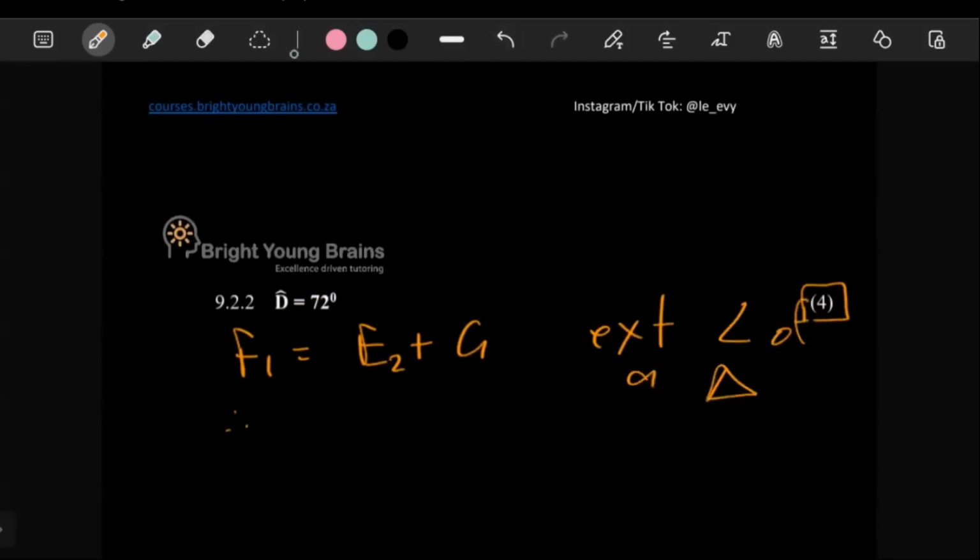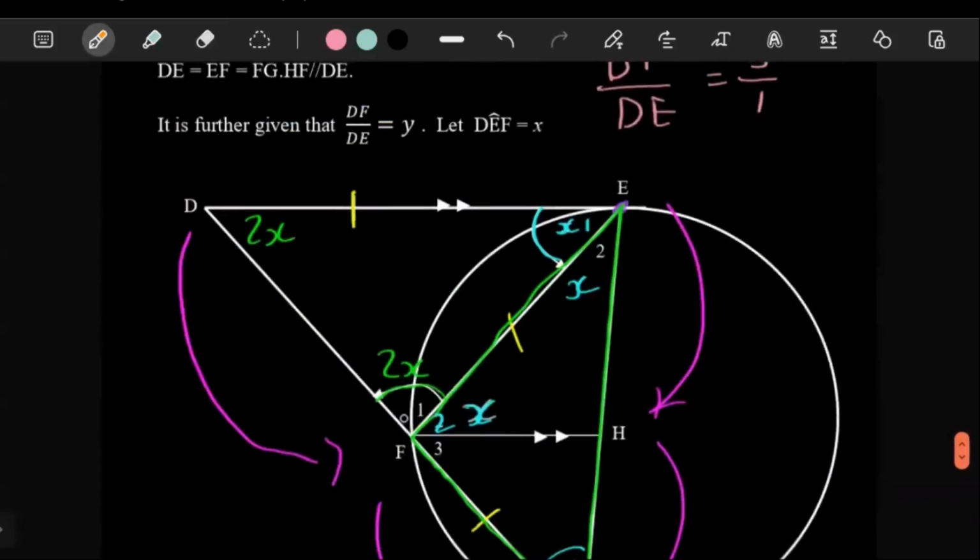So with this exterior angle of this triangle, we need to keep in mind the following. E2 plus G. What do we get there? F1 equal to E2 is X. This is also equal to X. This is 2X. That's what we have gotten for F1.